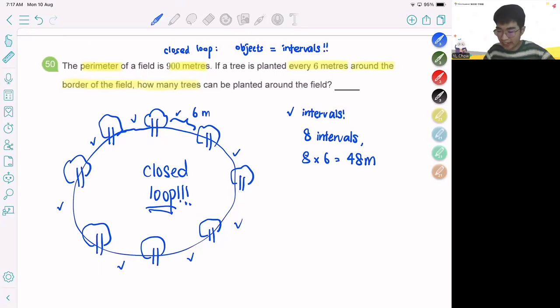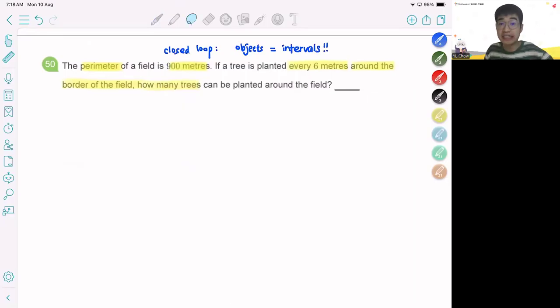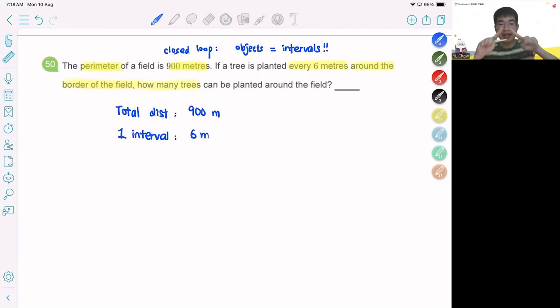So with that, we can now focus back on this problem. The perimeter of a field is 900 meters. That means the total distance that you can plant trees along is 900 meters. If a tree is planted every 6 meters around the border, that means one interval is 6 meters long. So how many 6 meters can you space out in a perimeter of 900 meters?